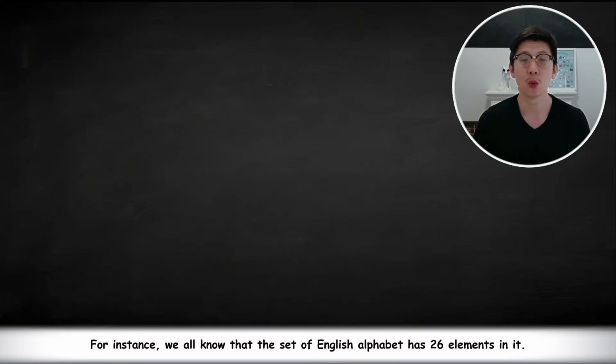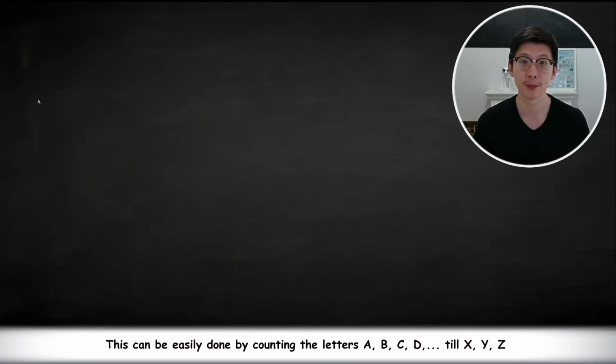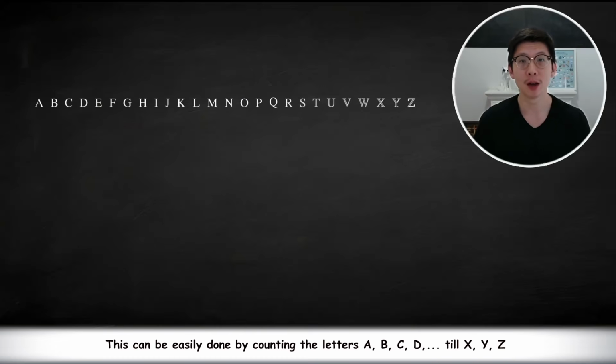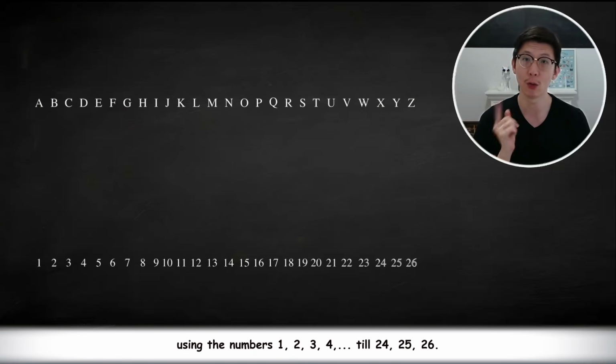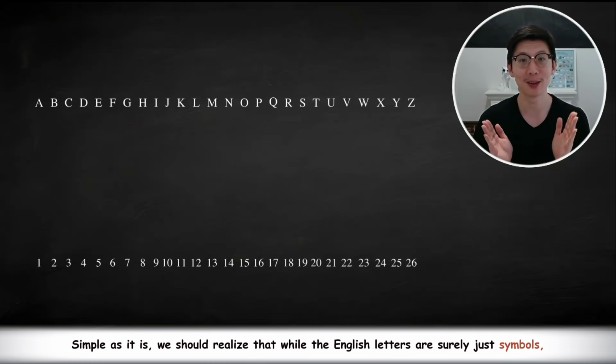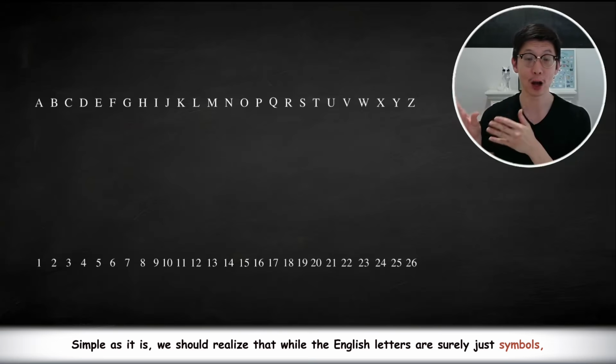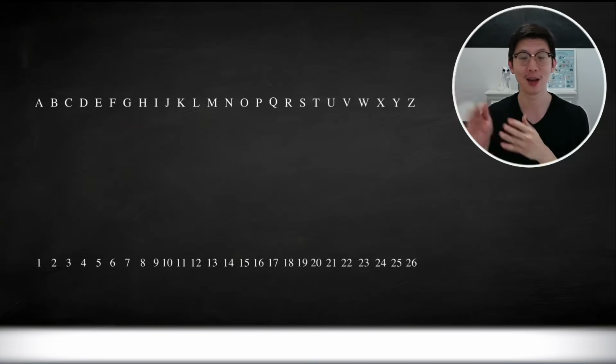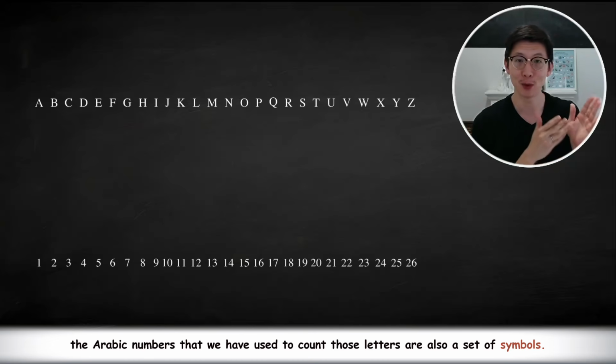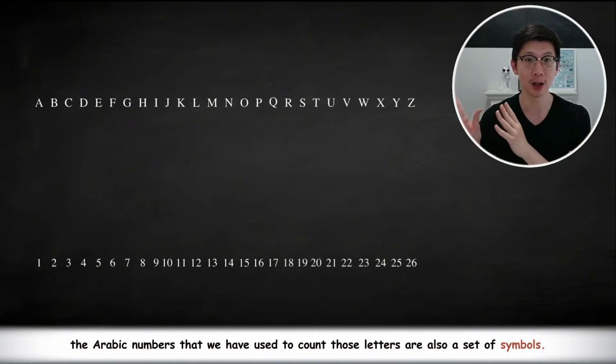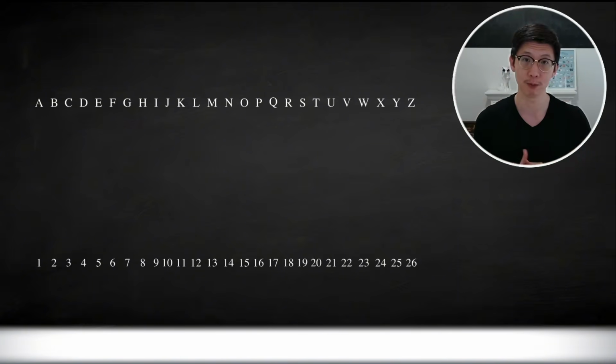For instance, we all know that the set of the English alphabet has 26 elements in it. This can be easily done by counting the letters A, B, C, D, till X, Y, Z using the numbers 1, 2, 3, 4 until 24, 25, 26. Simple as it is, we should realize that while the English letters are surely just symbols, the Arabic numbers that we have used to count those letters are also a set of symbols.